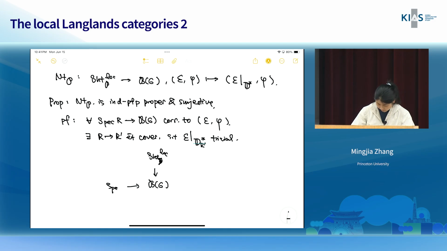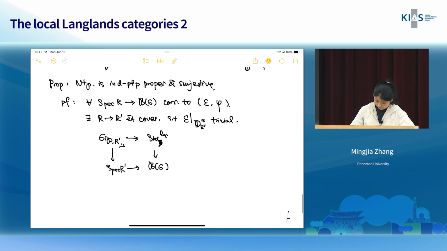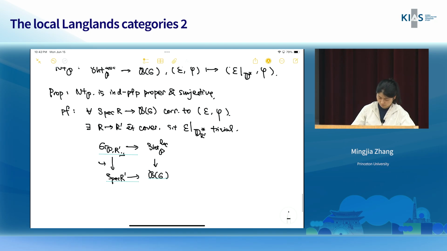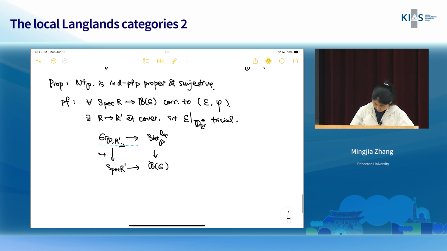If now one pulls it back all the way to a Spec of R prime, then you see that the fiber in terms of the moduli interpretation would be just giving a G-torsor on D of R prime with a trivialization on D cross of R prime. And this is, in fact, just a moduli description of the affine flag variety for P. And we know that this map, as we said before, is ind-projective, so in particular ind-PFP proper. So we can draw the conclusion.